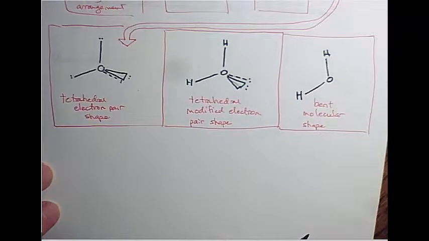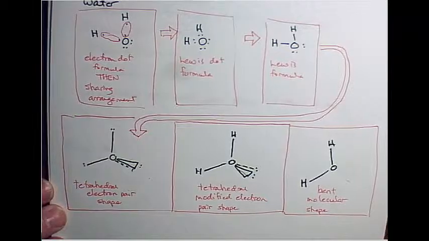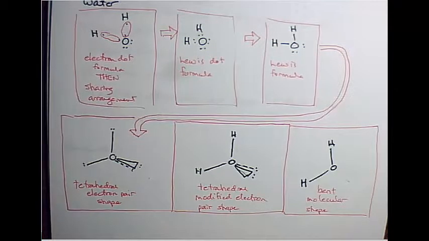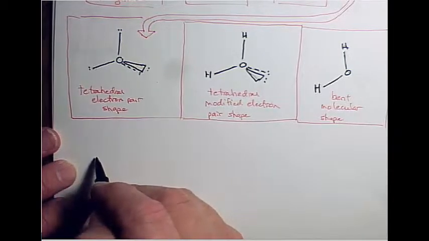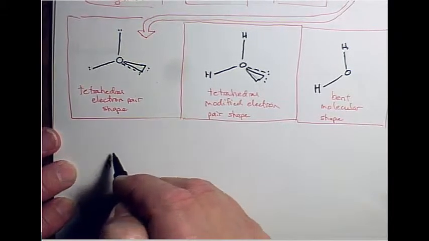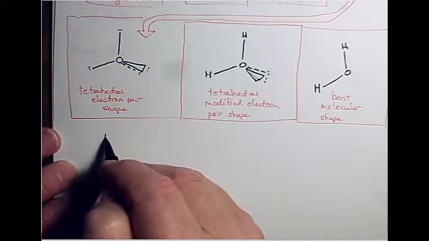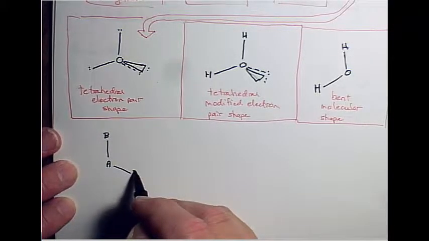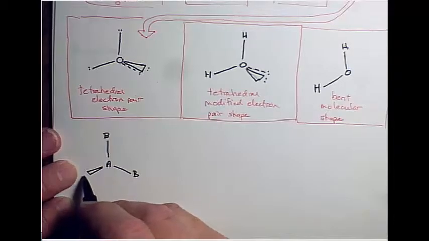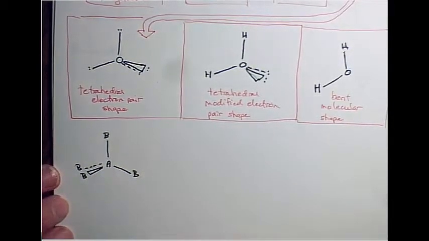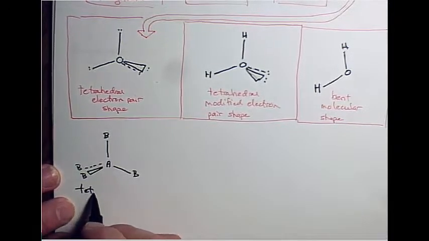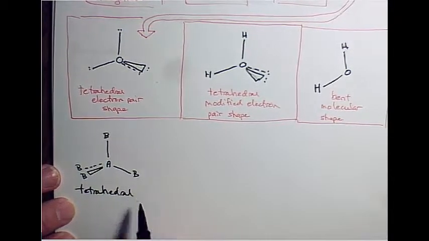There are only a few shapes, well, I shouldn't say a few because a little more than that. There are a handful of shapes that you need to know from memory and be able to figure out, okay? So, you need to know what a tetrahedral is. And if I were to list one of the atoms as A, B might be here, B here, B here, and B here. That's a tetrahedral. You need to know what that is. Okay?